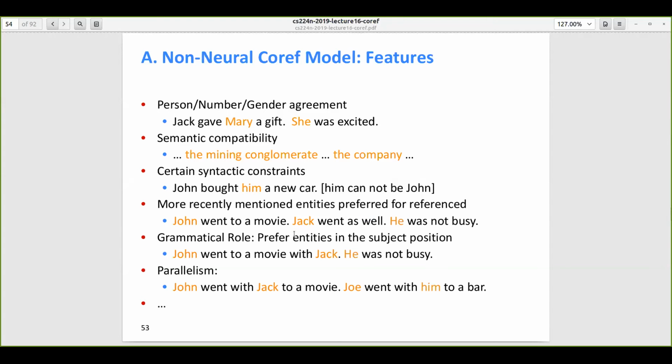And then we have some sort of grammatical rules as well. Jack went to a movie with Jack, he was not busy. So these are the kind of features that people used to hand engineer, and then train a model. This is how it used to be before neural networks were used for coreference modeling.